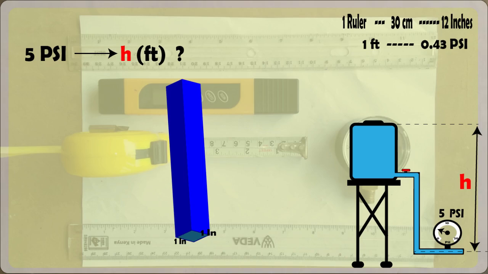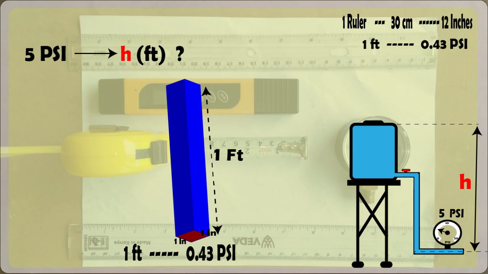The height of the column of water is 1 foot. The weight of that water at the base will be approximately 0.43 pounds. I hope that explains that 1 foot is approximately 0.43 psi. And by now, you should see the relationship between the height and the pressure.